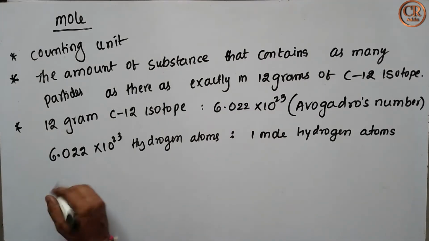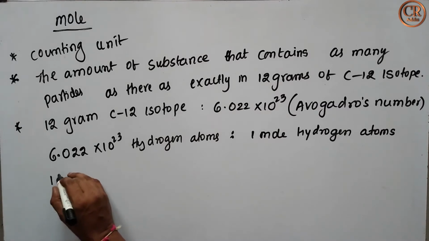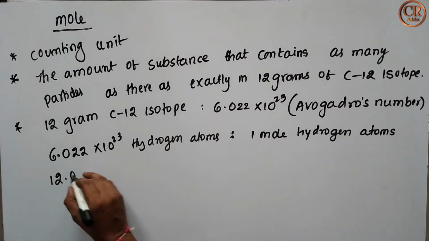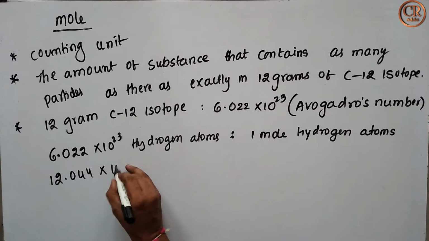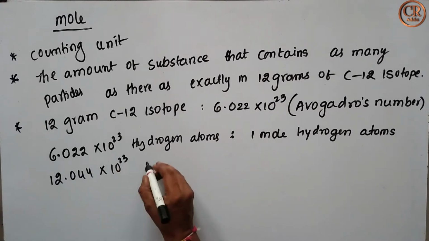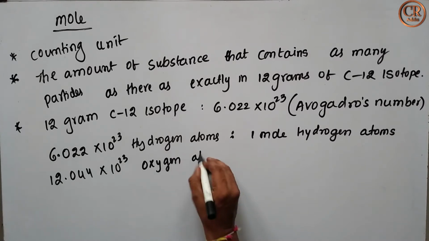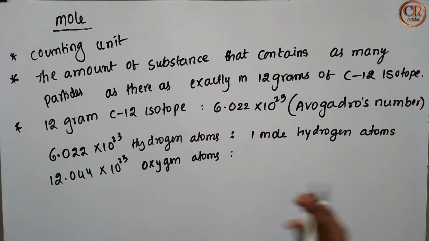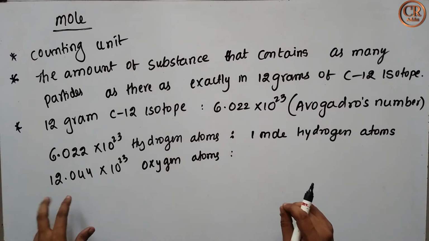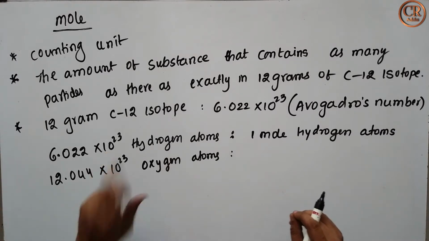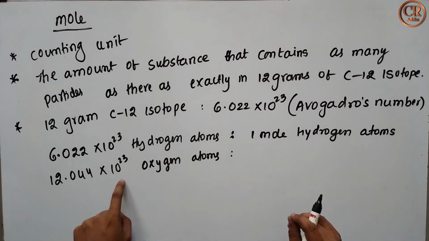So suppose if I take a substance which has 12.044 into 10 power 23 oxygen atoms. So here already you know 1 mole of anything contains 6.022 into 10 power 23. But here how many oxygen atoms are there?